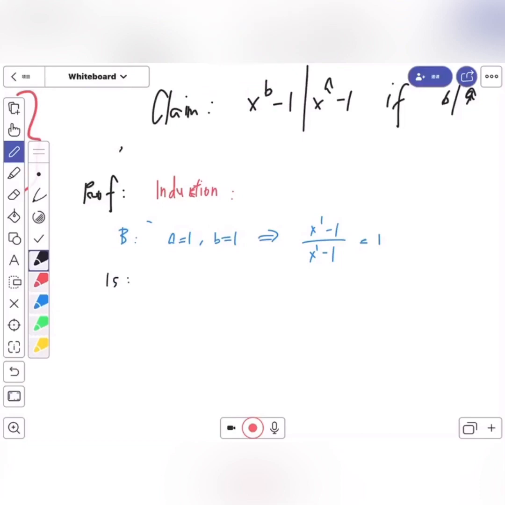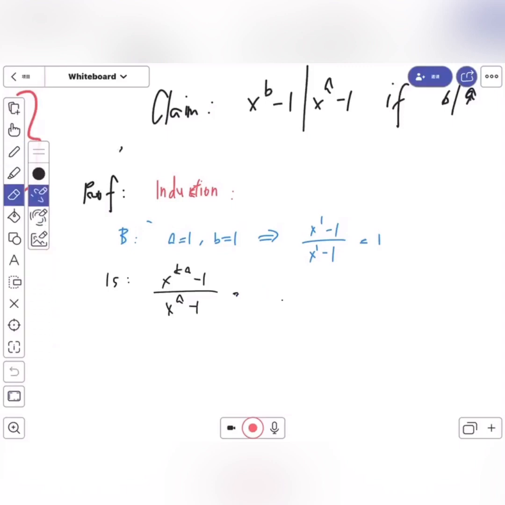So the inductive step is, now assume that x to the a minus 1 divides x to the ka minus 1, so this is equal to m for an integer m.